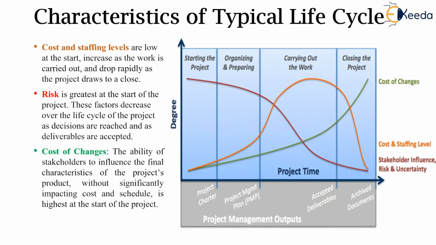As you see, in the start, the workload is less and hence less number of staff is involved in the project. As and when we move from the initiation stage to the planning and next to the execution stage, the requirement of manpower significantly increases.